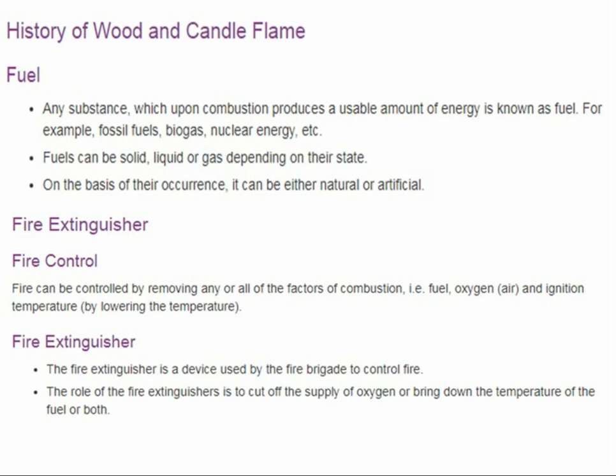These are our fuels as they burn very easily and they produce a usable amount of energy. For example, paper also burns, but we can't use it for cooking. So it doesn't produce a usable amount of energy. That's why it is not known as a fuel.